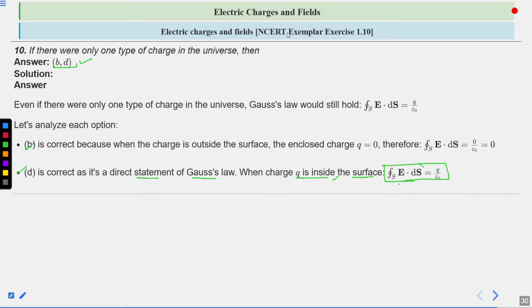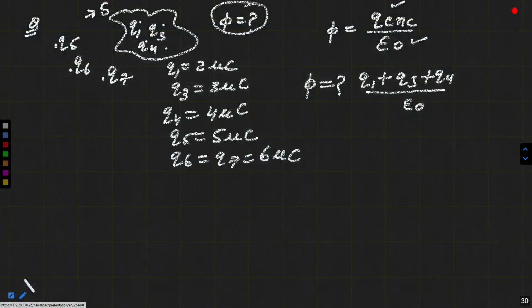Here you have to find out the electric flux. Q5, Q6, Q7 lie outside of this boundary, so the total enclosed charge is only this one. These lie outside.